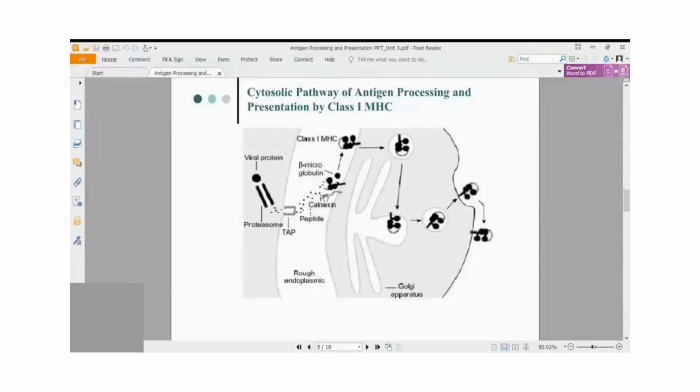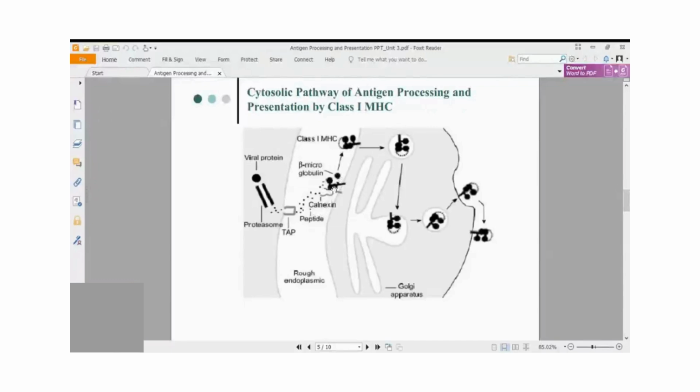The calnexin molecule comes and sits adjacent to the internalized class 1 MHC molecule, which is not yet joined with the beta 2 microglobulin. It is partially formed with the alpha chain. It goes and protects it so that it is not digested.